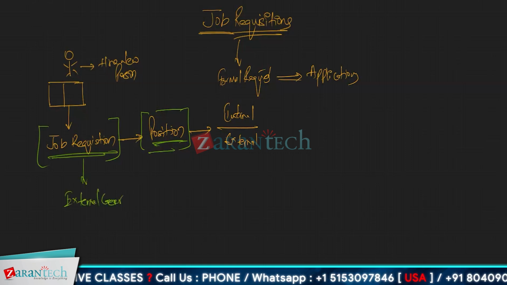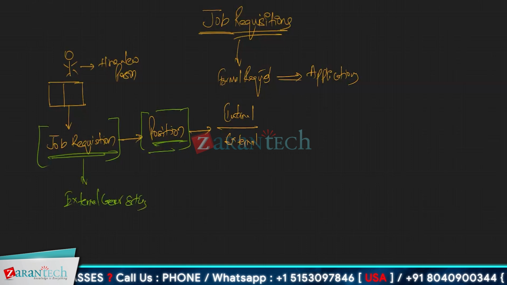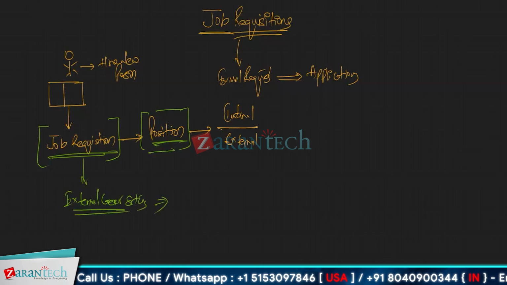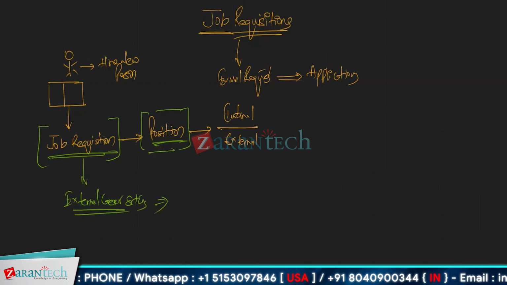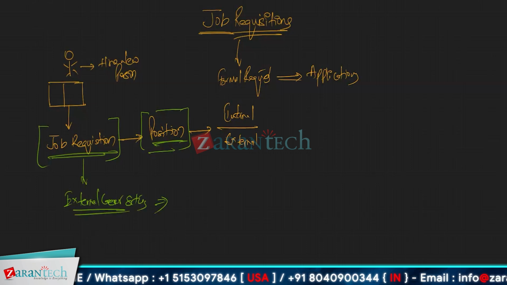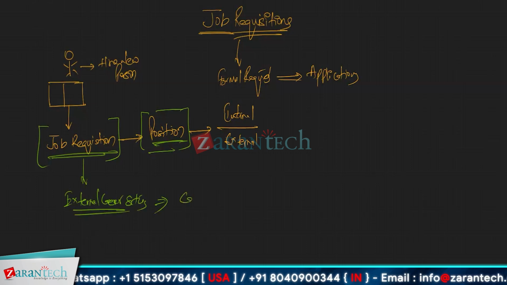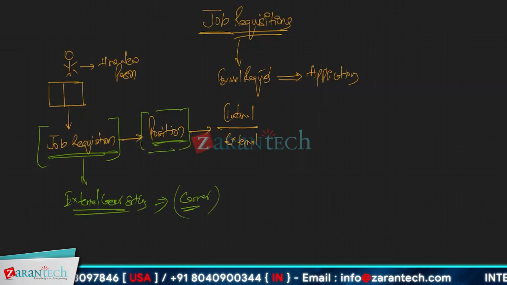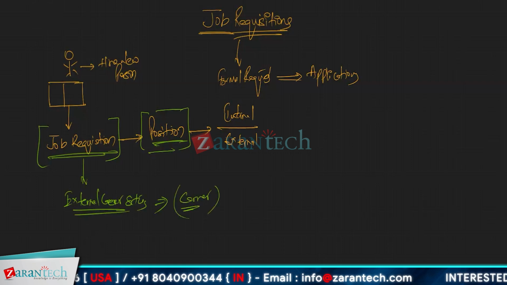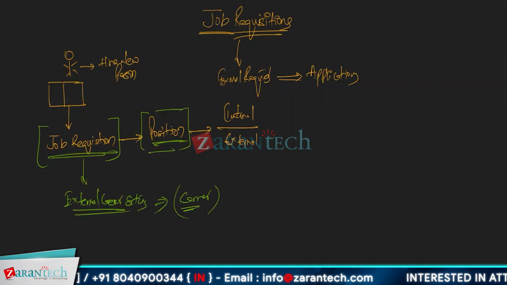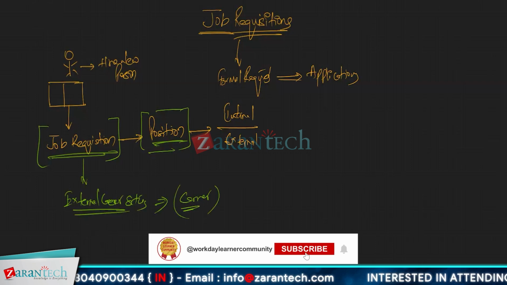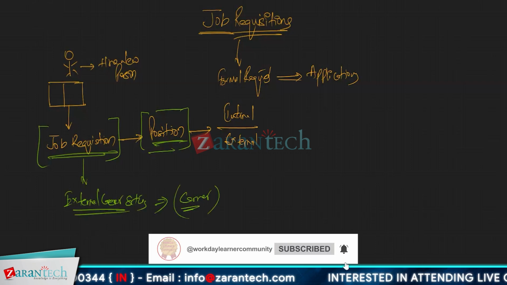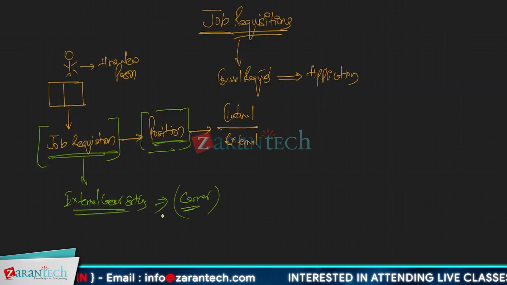External career sites meaning every company will have a careers section. If you browse through any company's website, there will be an option called career. Basically, you can look for what are the open positions in that particular company, and then you can start applying for the jobs in that company. So that is called an external career site.